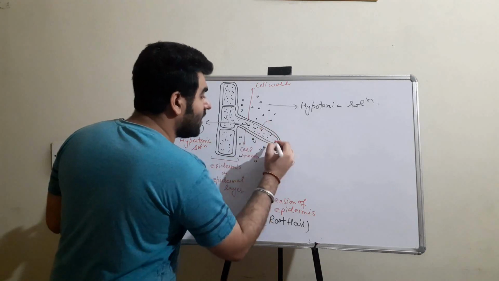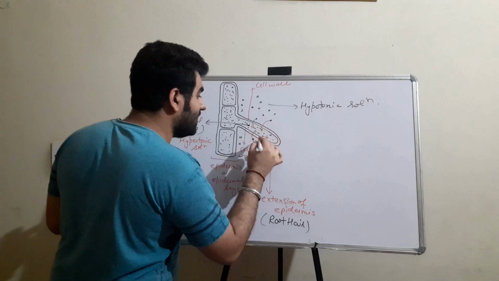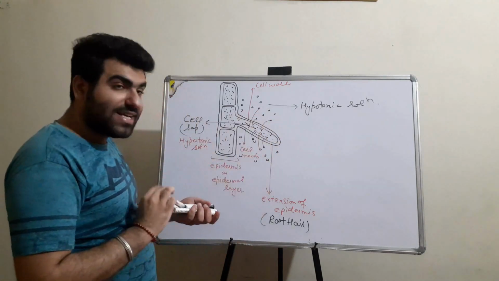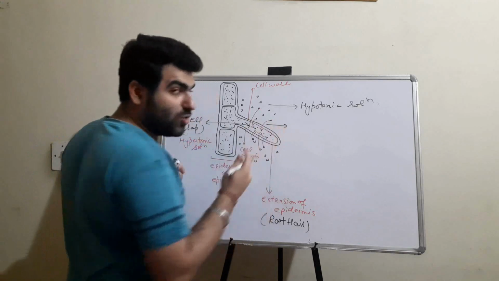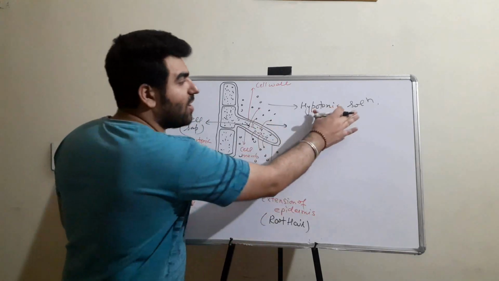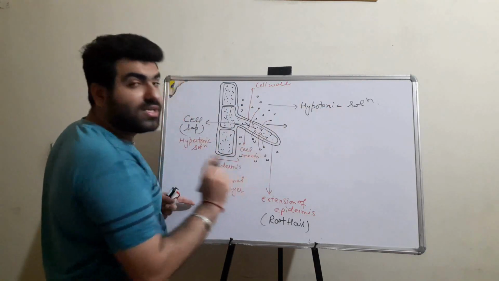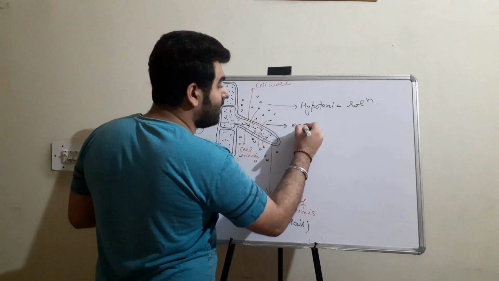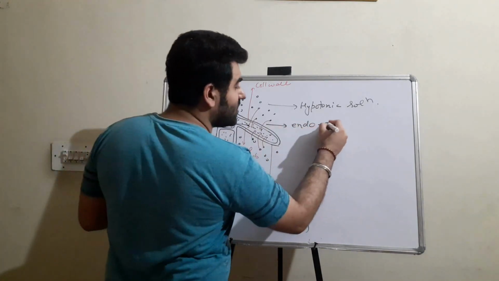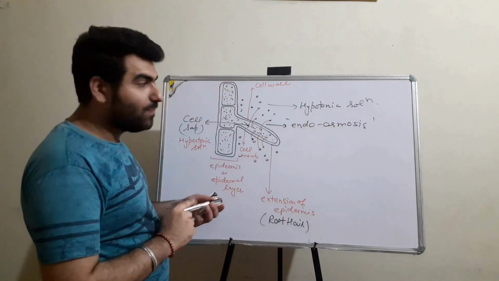So here the water will be entering like this. This process is osmosis because there is movement of solvent molecules from higher concentration to lower concentration through a semi-permeable membrane, and because the water is entering in, it is endo. So this process is endoosmosis.